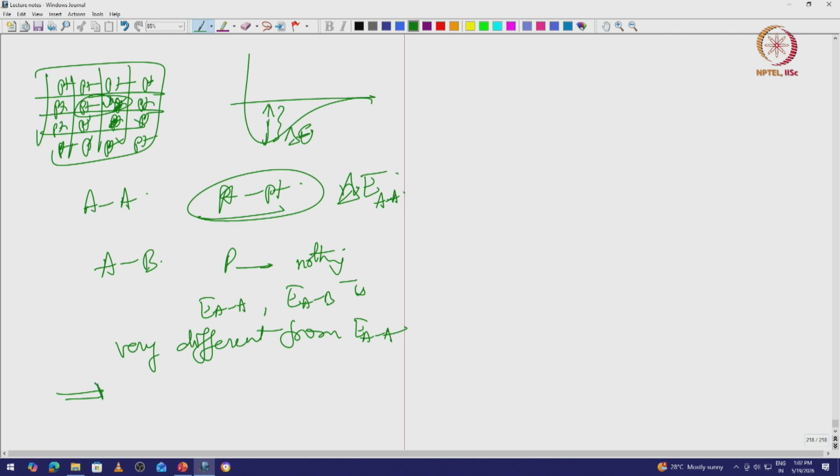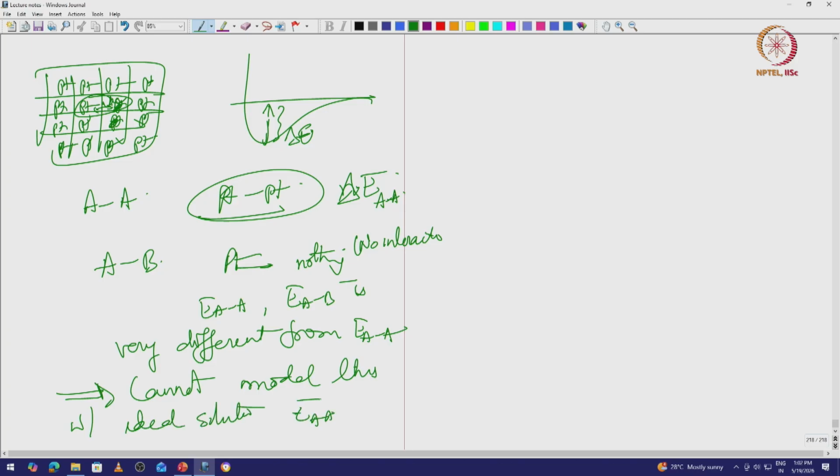So I cannot model this with an ideal solution, because E_AB is not equal to (E_AA plus E_BB) by 2, right.